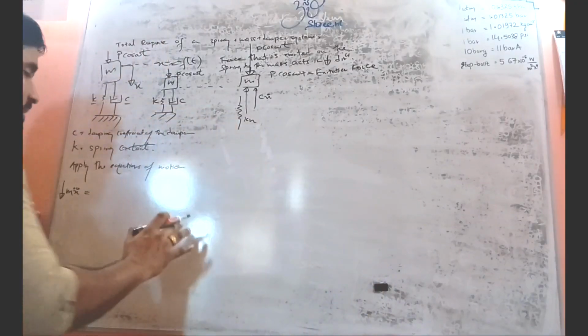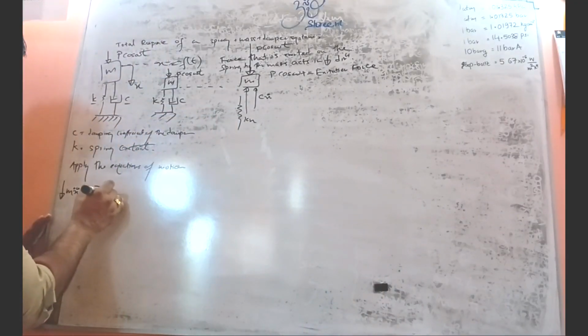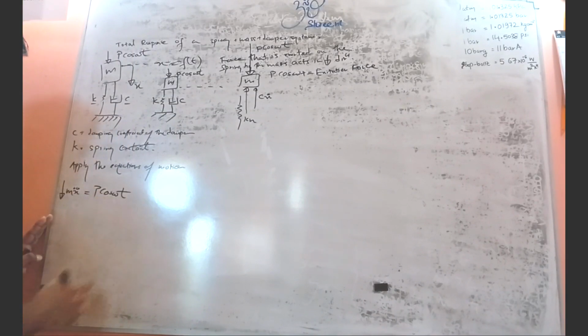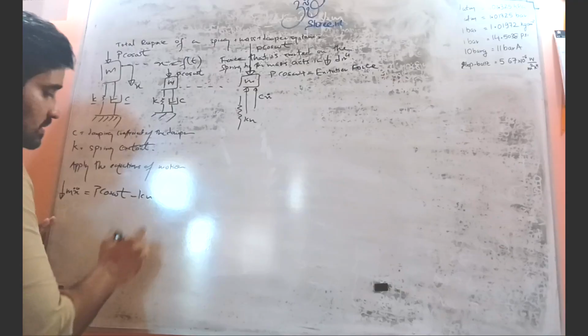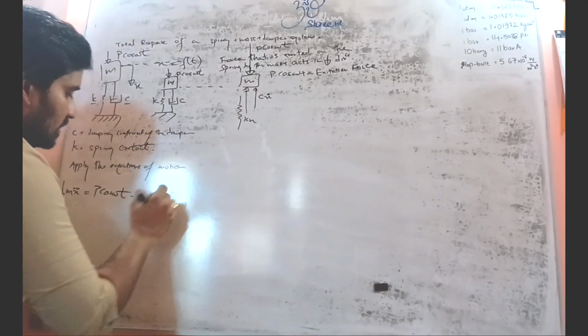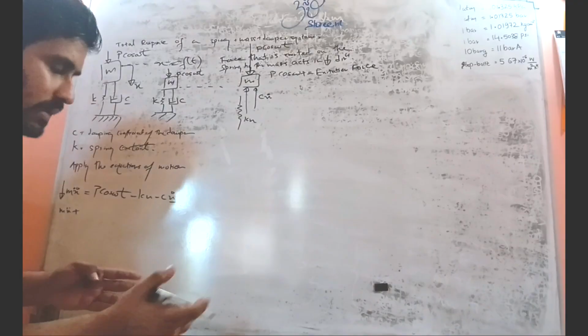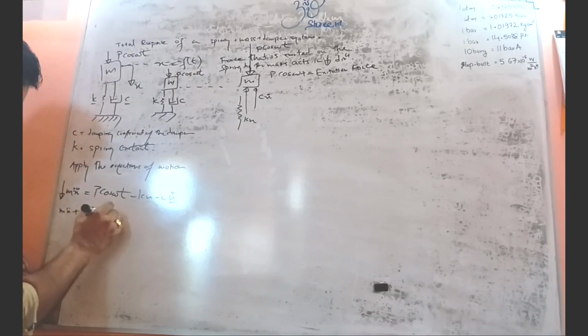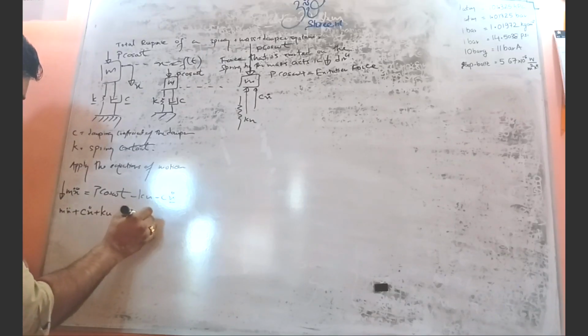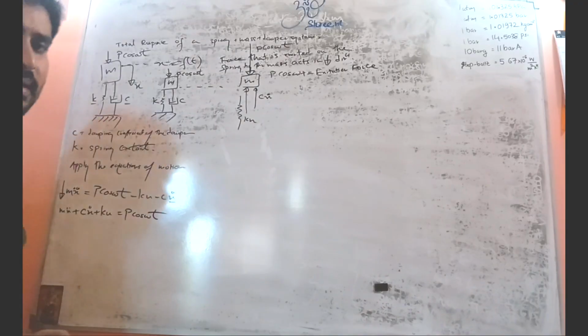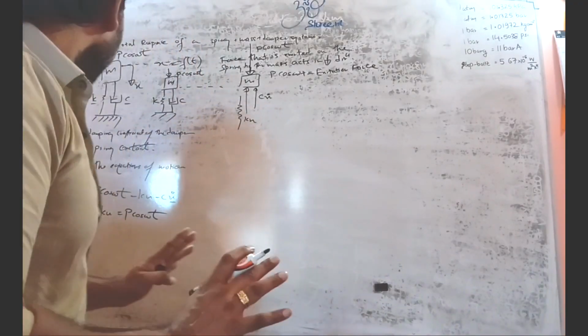So now I'm going to write the equation of motion. First thing will be P cos omega t minus k times x minus c times x dot. So now I can make a nicer version like this: m x double dot plus c x dot plus k x equals P cos omega t. I hope that is clear.